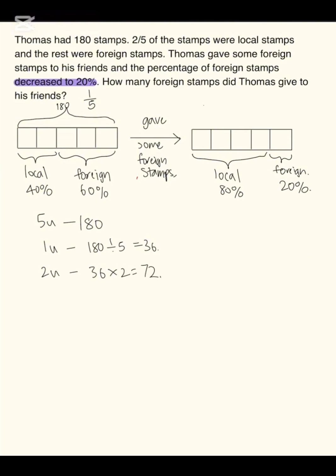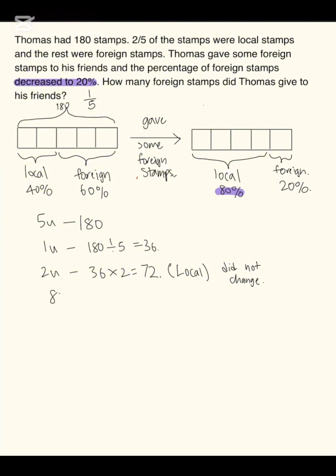So why do we find the local? Because our local stems did not change, right? If our local stems did not change, it also means that in this 80% here, my local stems is still 72.